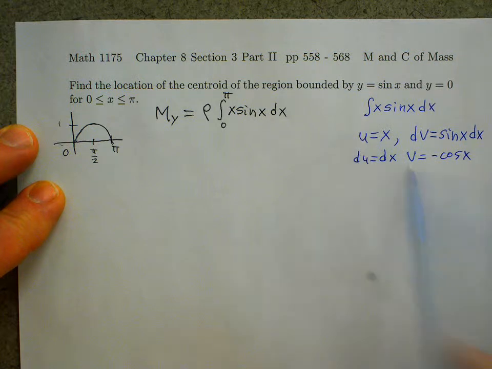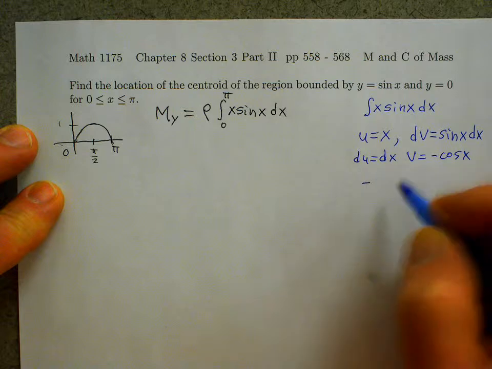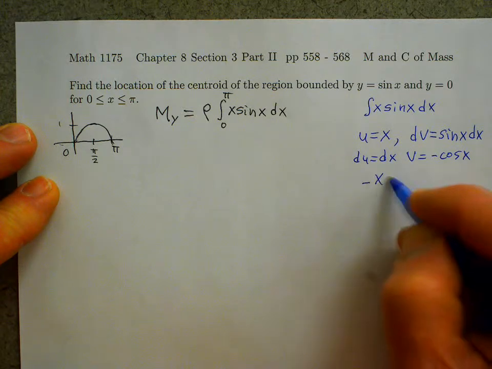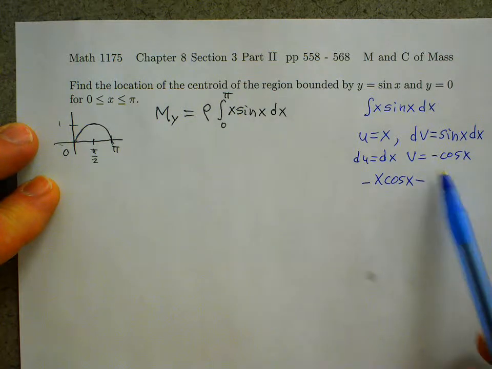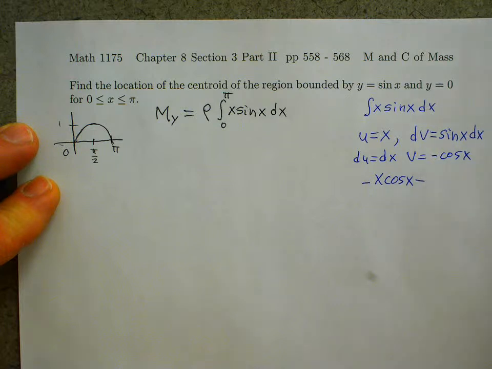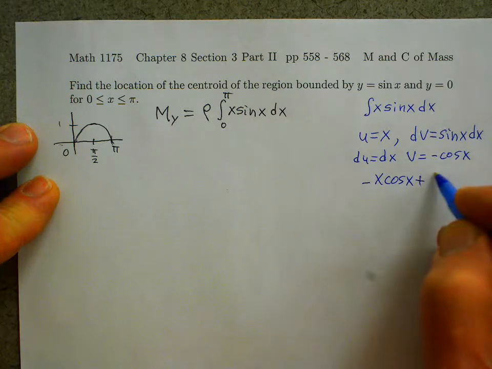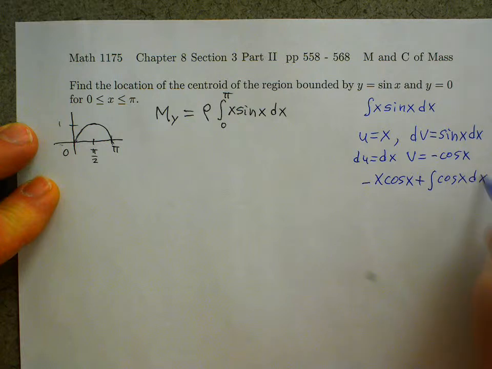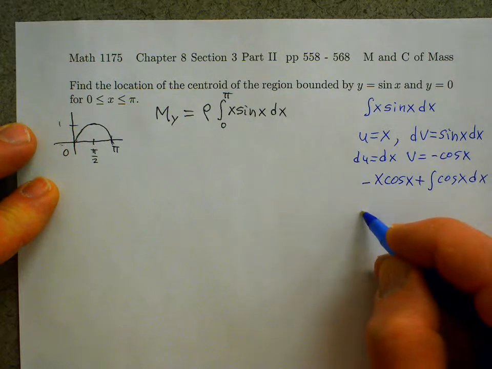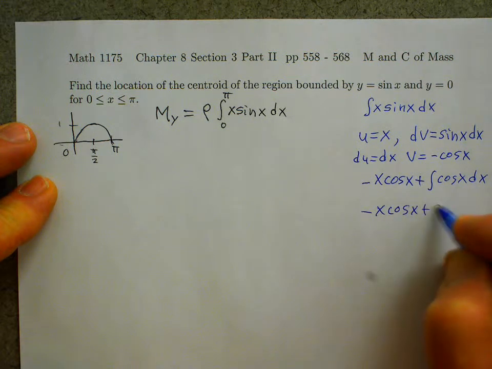So u times v is negative x cosine of x. And then minus the integral of v du, so since v is negative cosine of x, we're subtracting a negative, so we'll write it as plus the integral of cosine of x dx. And so we get negative x cosine of x plus sine of x.